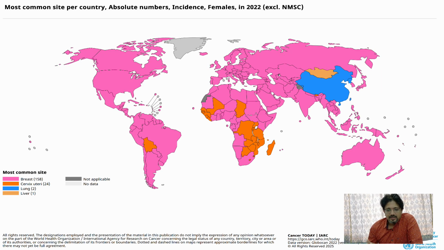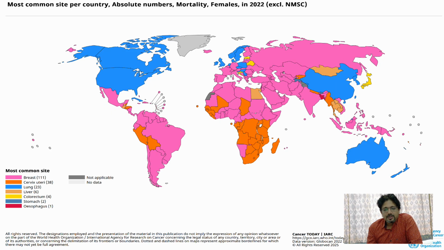In females, pink represents breast cancer, which is the most common cancer in 158 countries, followed by cervical cancer. Similarly, the most common cause of mortality is breast cancer in 111 countries, followed by cervical cancer.